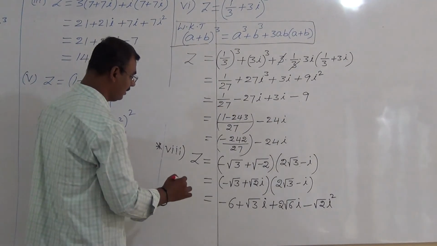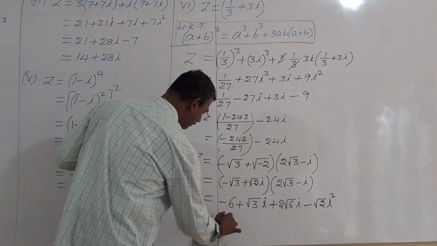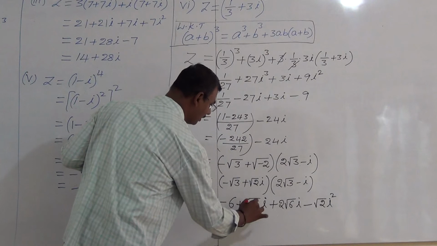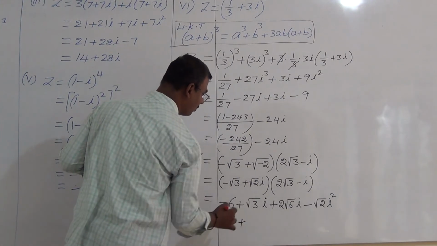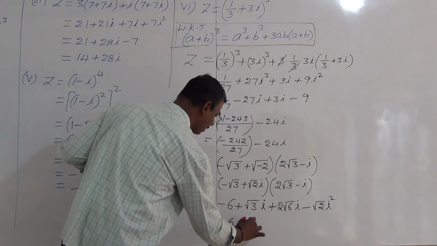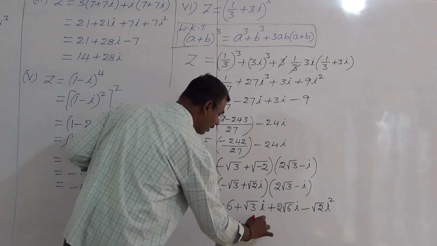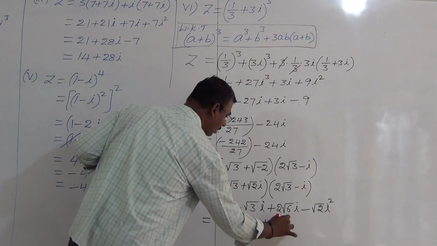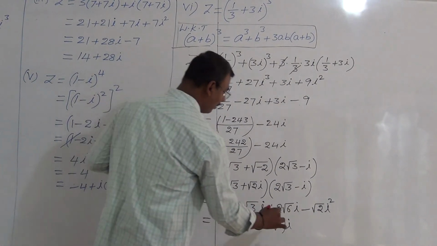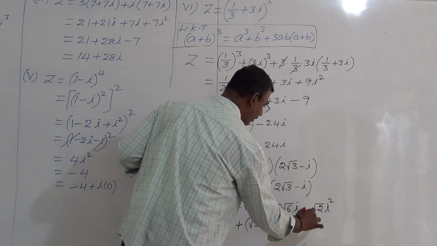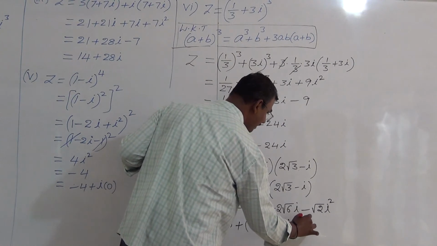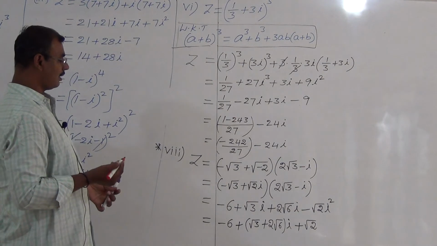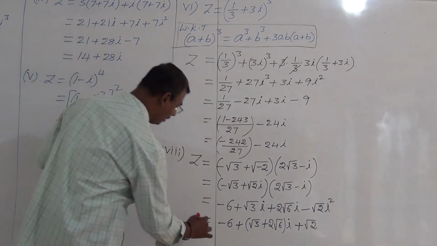Now simplify. This is equal to minus 6 plus, in these two terms I will take iota common, root 3 plus 2 root 6 of iota. Minus iota square, the value minus 1, becomes plus root 2. Now taking together real parts and imaginary part.